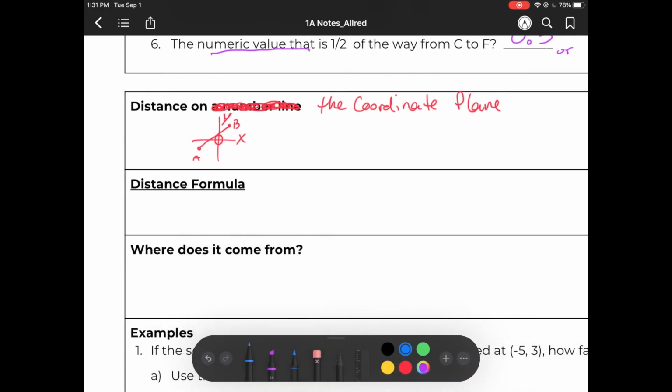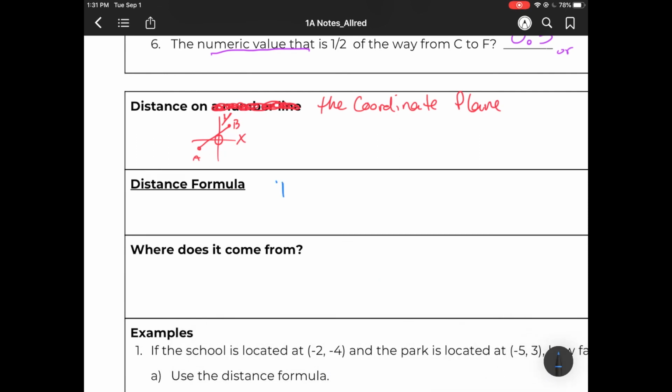The distance formula is this. D equals the square root, parentheses, x2 minus x1, parentheses squared, plus parentheses y2 minus y1, parentheses squared. And that's all under 1 square root.